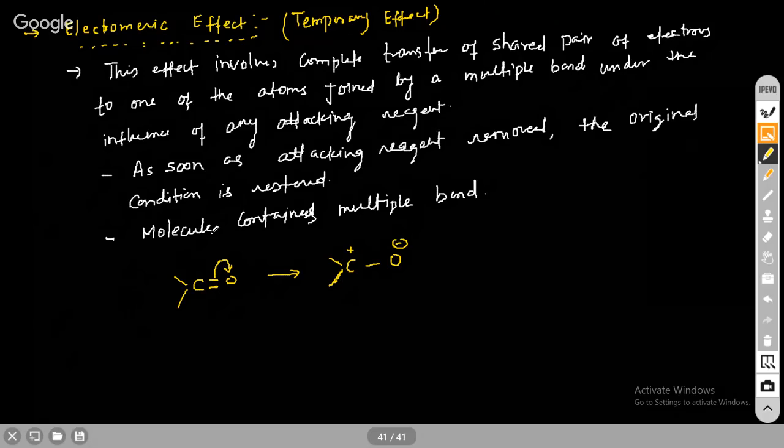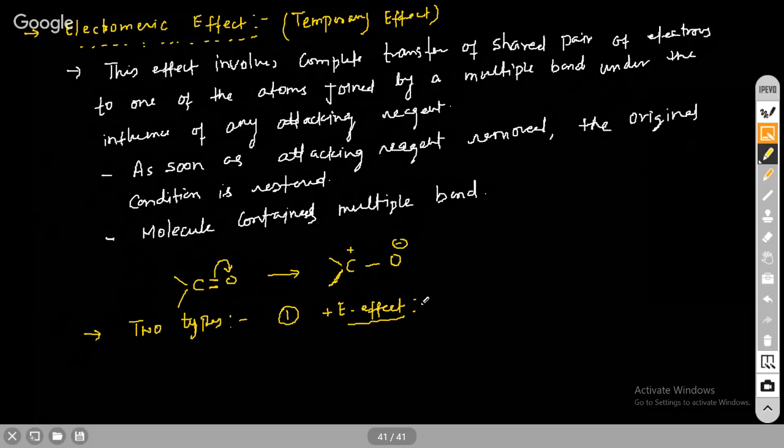Now I'll give you some examples here, but before that, we'll see the types of electromeric effect. There are also two types of electromeric effects we have. The first one we'll write as plus E effect.